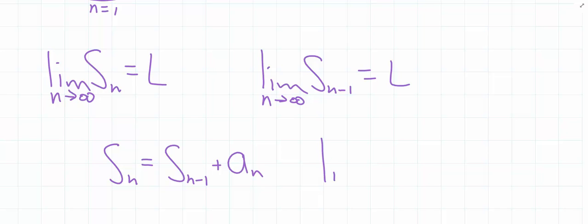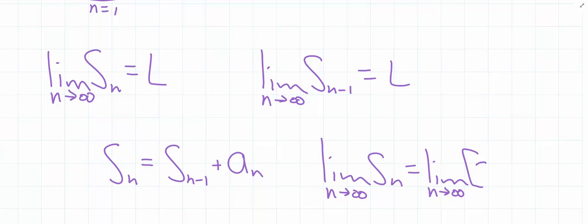Now, if I take the limit as n goes to infinity of S sub n, that's exactly the same as taking the limit as n goes to infinity of S sub n minus 1 plus A sub n. Just a little substitution. Isn't that correct?